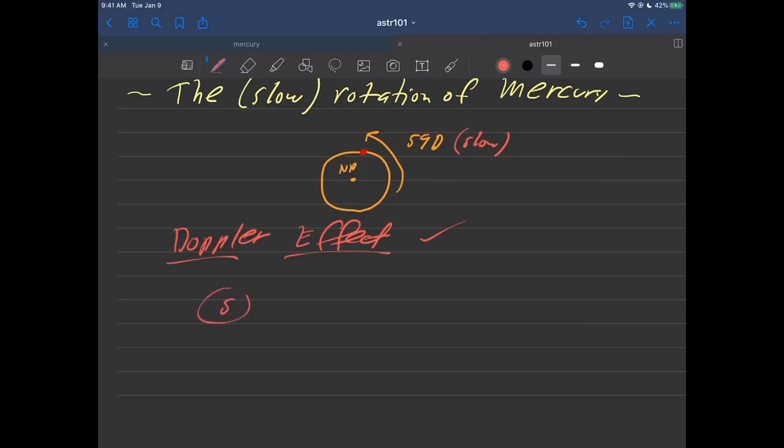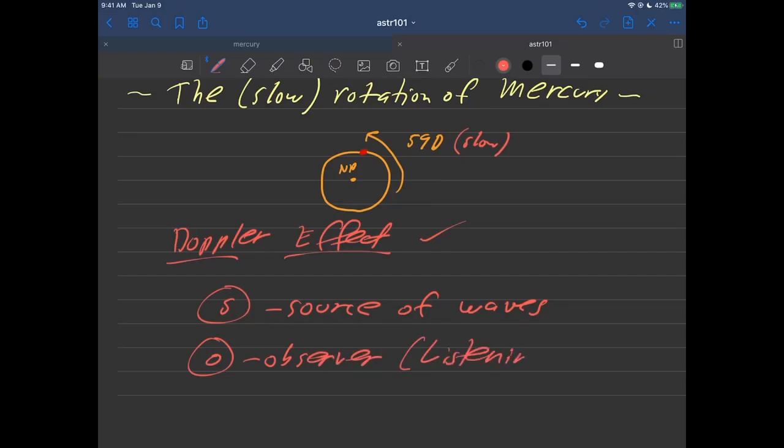So the S here in our simulation is going to be the source of waves. And the observer, looks like a big O here, is going to be who's listening to the waves.